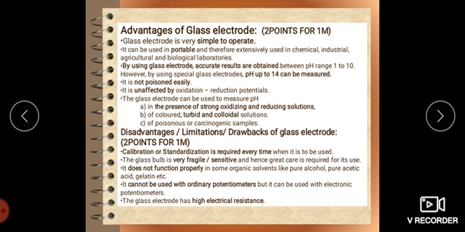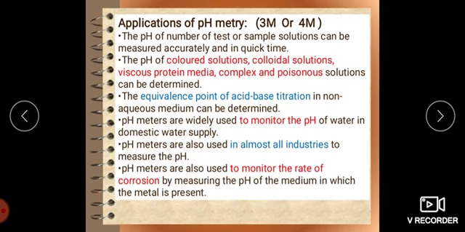The glass bulb, as I said, is very fragile and very sensitive, hence great care is required for its use. It does not function properly in some organic solvents like alcohol, acetic acid and gelatin. It cannot be used with an ordinary potentiometer, but it can be used with an electronic potentiometer. The glass electrode has high electrical resistance.